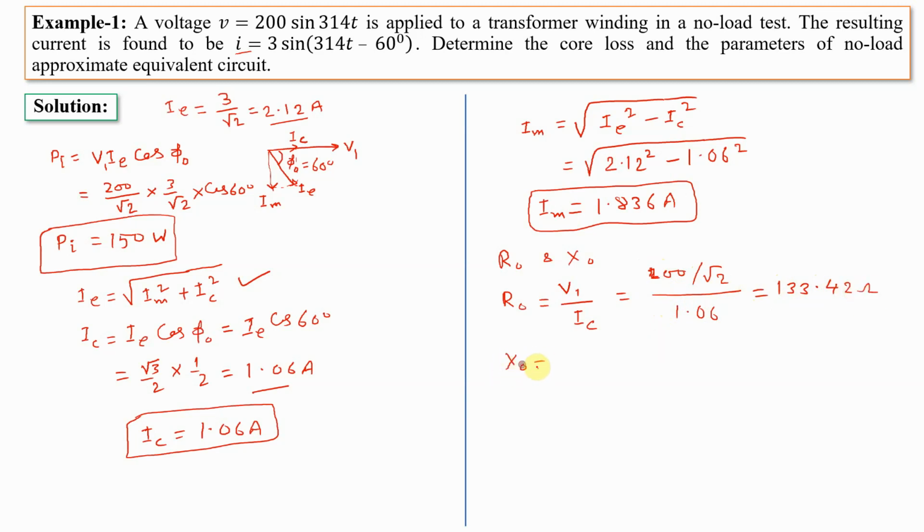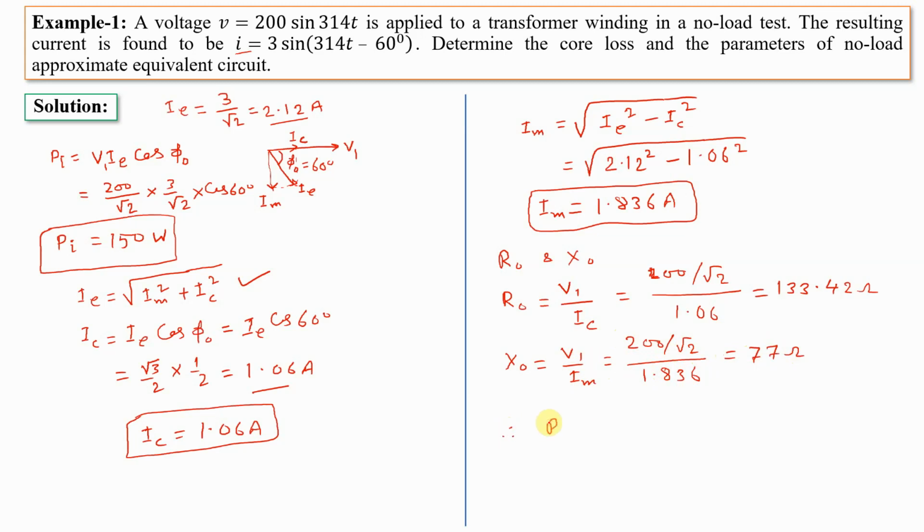Similarly, X0 will be equal to V1 upon IM. V1 is again 200 upon root 2, and IM is 1.836. Solving this value, we get 77 ohm.